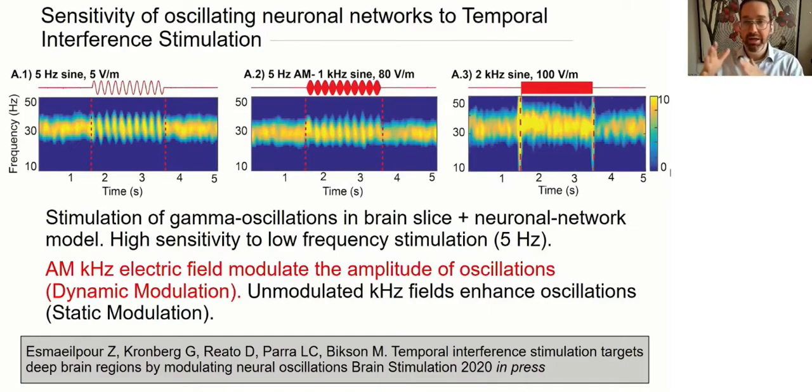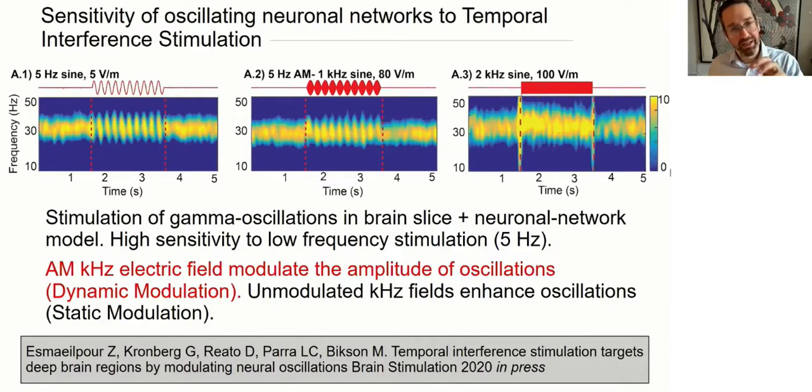In contrast, the unmodulated kilohertz stimulation just produced a tonic elevation in oscillation power. That's what you're seeing in A3. So this is what we call static modulation. So both unmodulated kilohertz stimulation and amplitude modulated kilohertz stimulation affected oscillations, but they affected them differently, with one producing static modulation and one producing dynamic modulation.